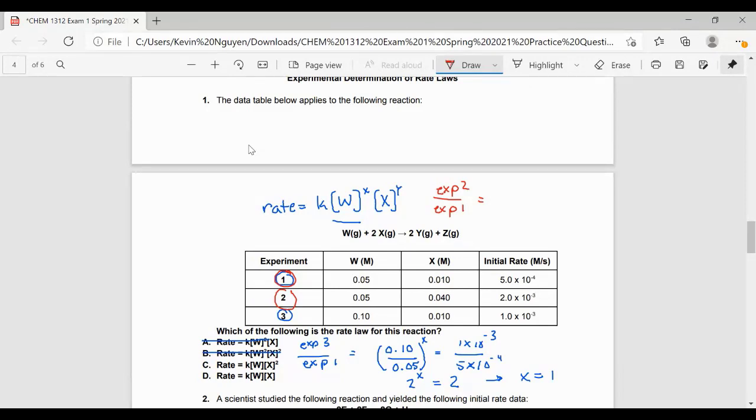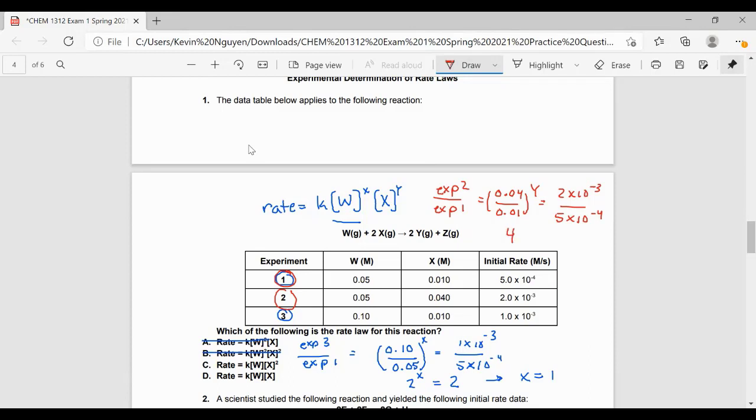So we're going to say 0.04 all over 0.01 to the y power. So then you'll get 2 times 10 negative 3 all over 5 times 10 to the negative 4.